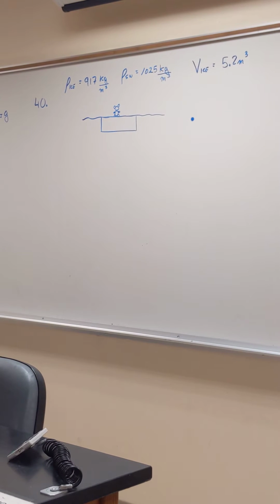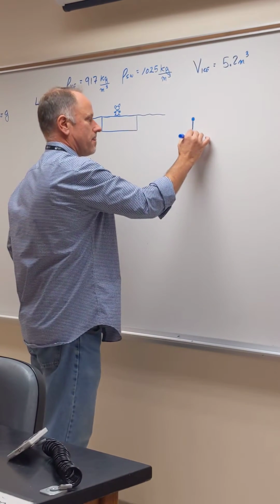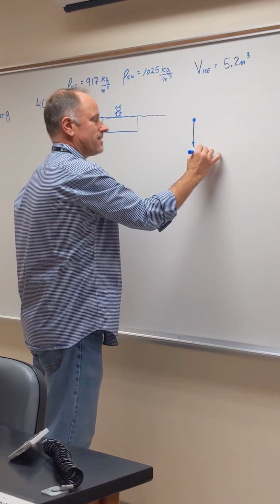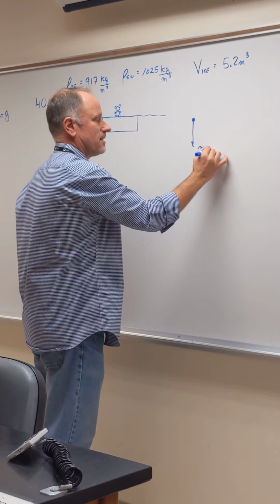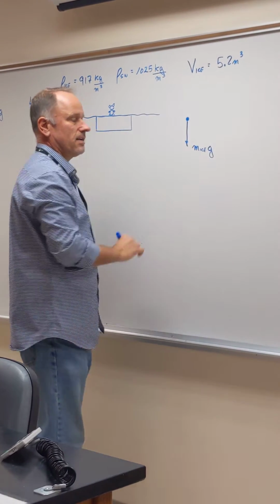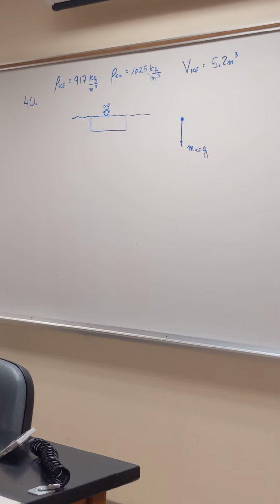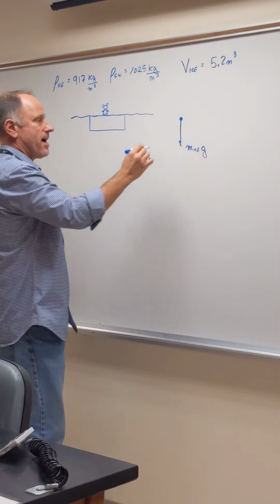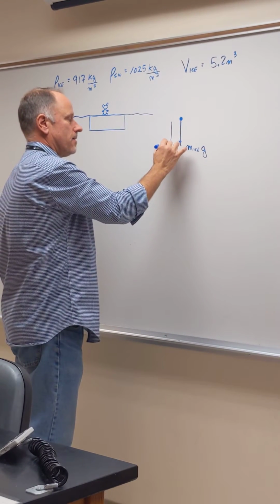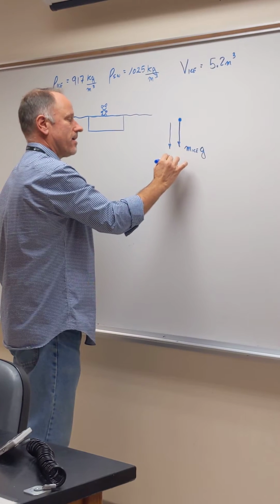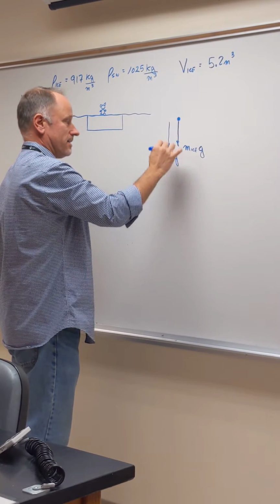Isn't there gravity pulling down on the ice and on the bear? Yes. Okay, so I have mass of ice times g down. Do you agree? I also have mass of bear times g down.